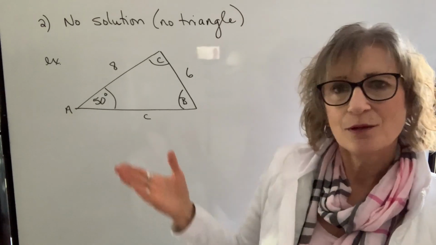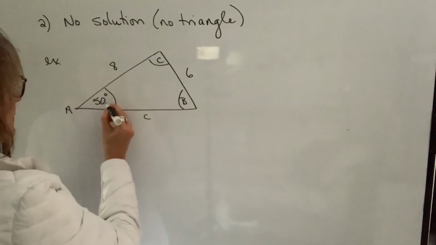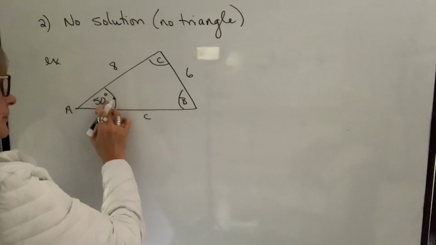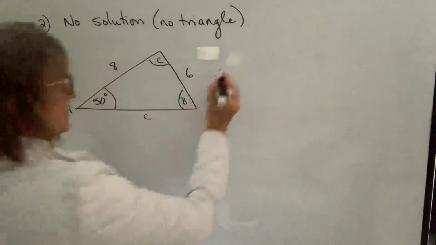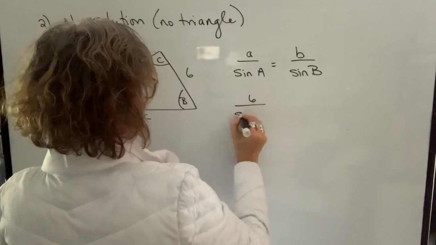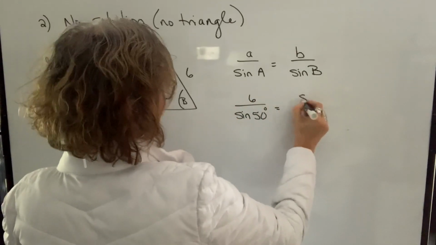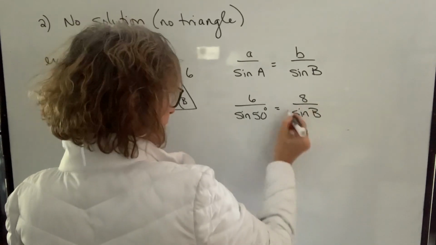Let me explain by trying to solve this oblique triangle using our law of sines. So we need to start with this side and this angle, and we're going to find angle B because we have the side B.